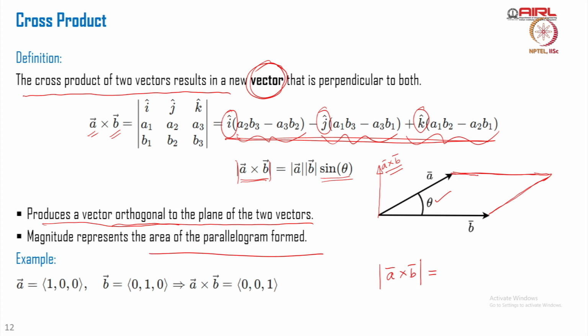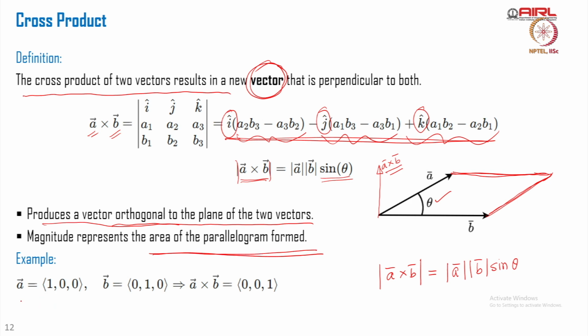From the parallelogram rule, where one side is formed by vector A and another by vector B, the area is equal to magnitude of A, magnitude of B and sine of the angle theta. So we can conclude that the magnitude of the cross product represents the area of the parallelogram formed.